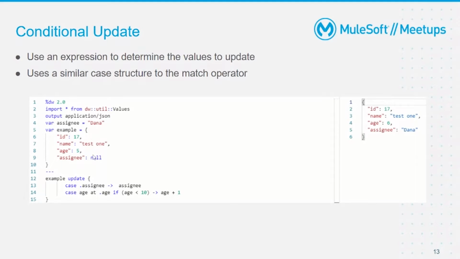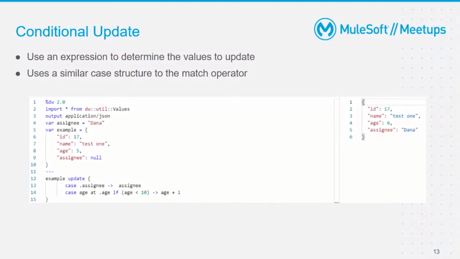In this case, you don't use match, but you instead use update, and everything else is effectively the same. So in this case, we're looking for the variable assignee, and we're looking for the key assignee inside of our example object, and we're assigning that value to the variable assignee, which again could be injected from somewhere else in your code.